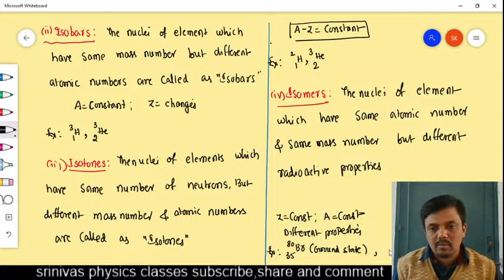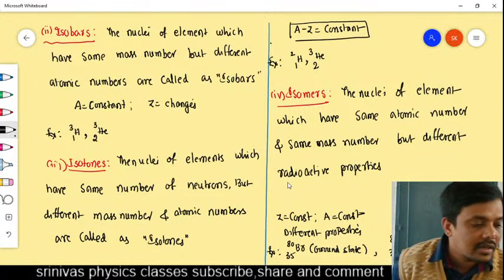And another one more element you take, 35 bromine 80, but with a star mark here. That means it is in the metastable state, the excited state. These have the same atomic number 35, 35, same mass number 80, 80, but they are in different states.